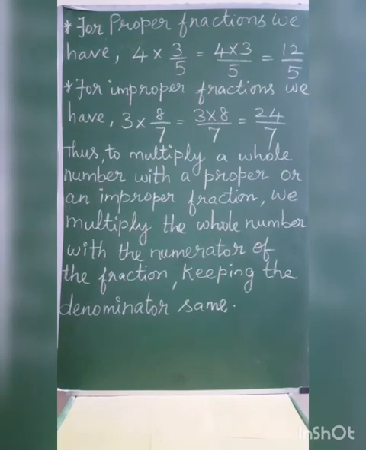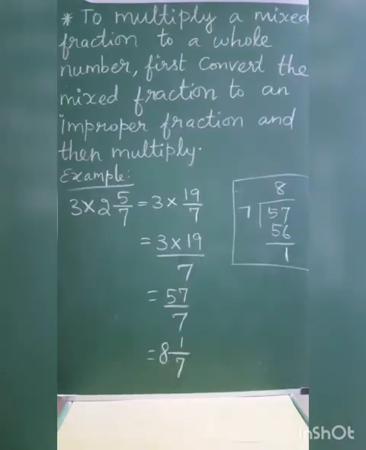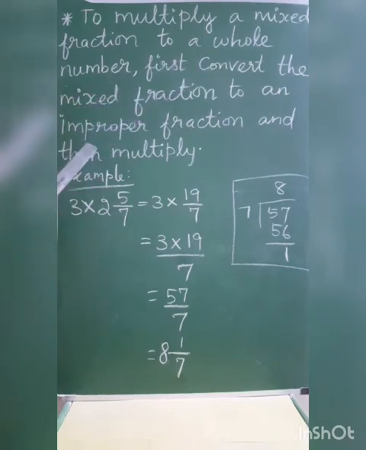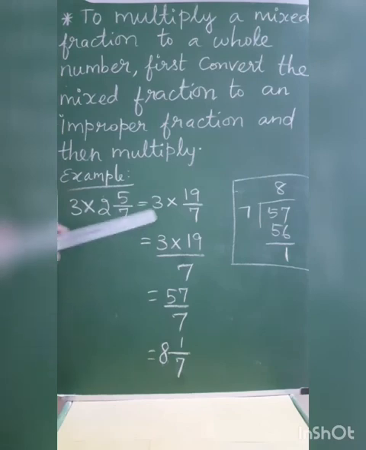To multiply a mixed fraction with a whole number, first convert the mixed fraction to an improper fraction and then multiply. 3 is a whole number, 2 5 by 7 is a mixed fraction. So convert the mixed fraction into an improper fraction: 7 2s are 14 plus 5, 19 by 7.